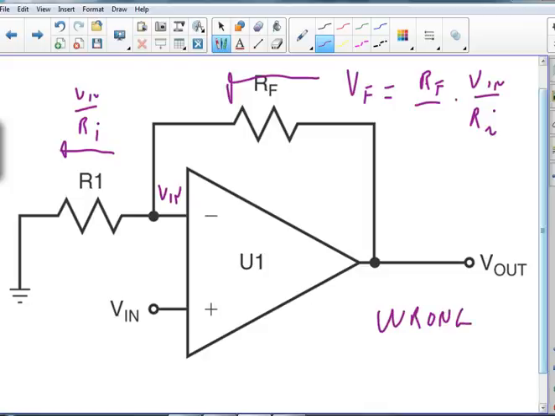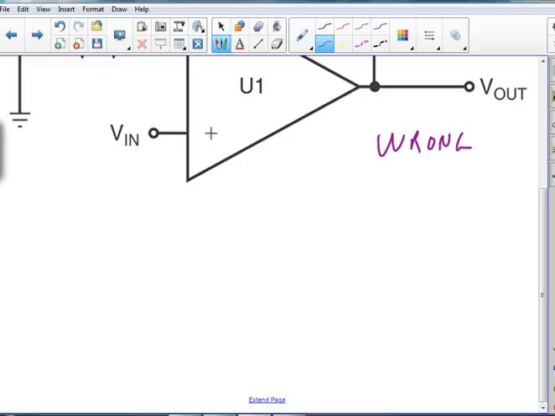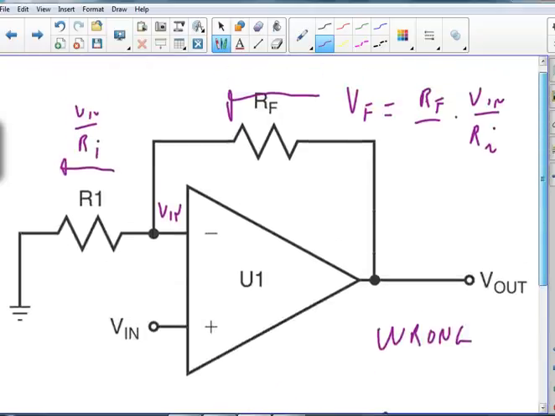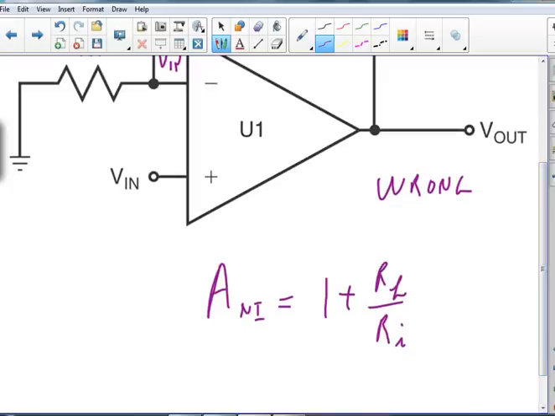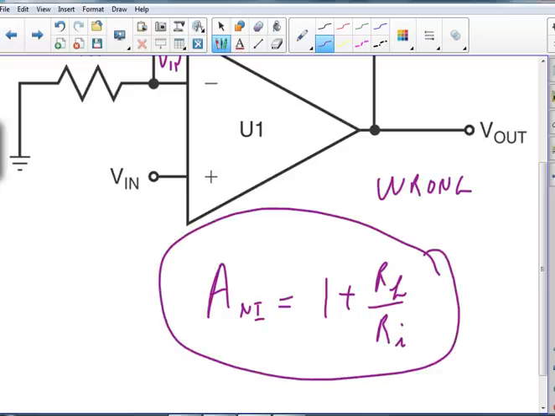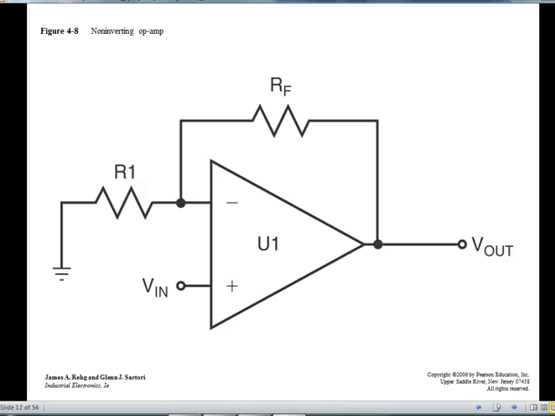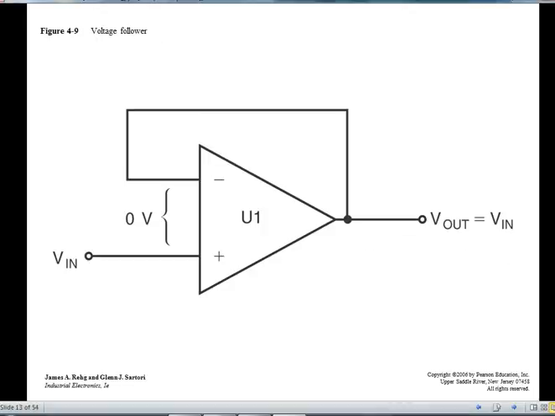The right answer is the voltage gain of a non-inverting amplifier is going to be 1 plus Rf over Ri. And I don't see what I'm doing wrong that won't allow me to get that today. But when we get back to the devices class, I'm sure I'll get it right by then. So for the voltage gain of a non-inverting amplifier, 1 plus Rf over Ri. Okay, back to our PowerPoint.